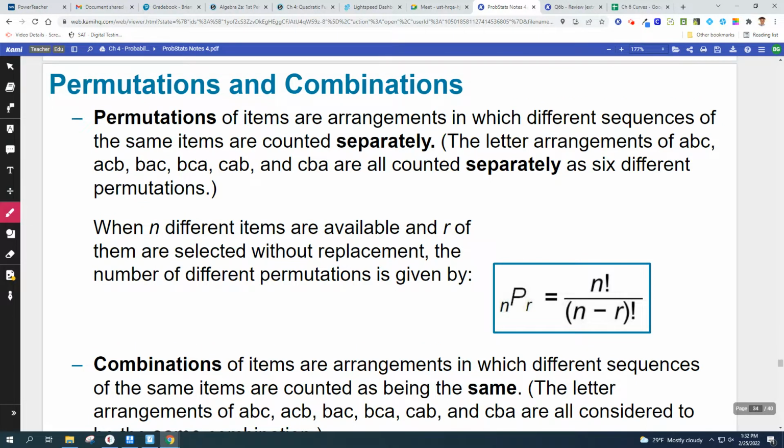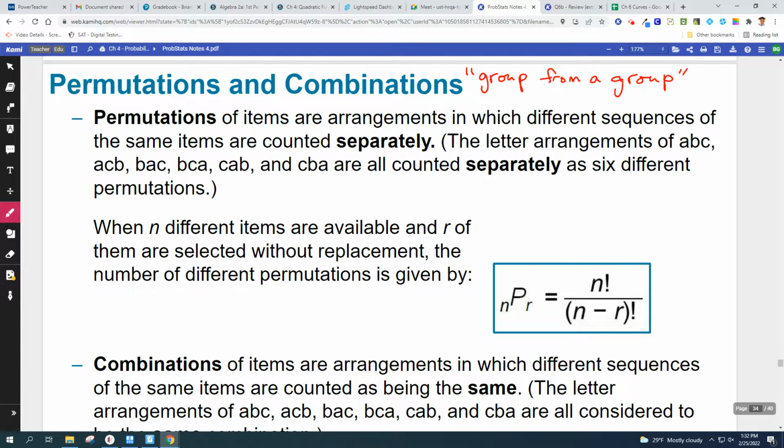We're talking about permutations and combinations. And I think a good way to think about this is a group from a group. If you've got a group of 8 items and you're going to pick 3 of those 8 items, that's a group from a group. Okay, 3 out of 8.